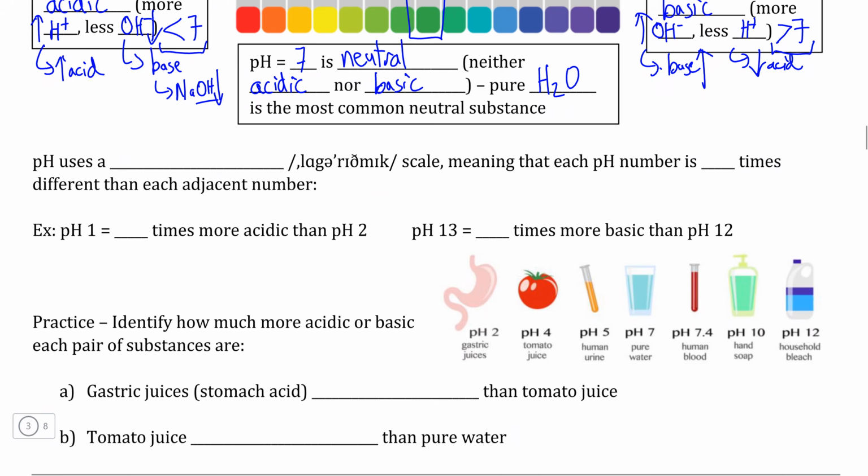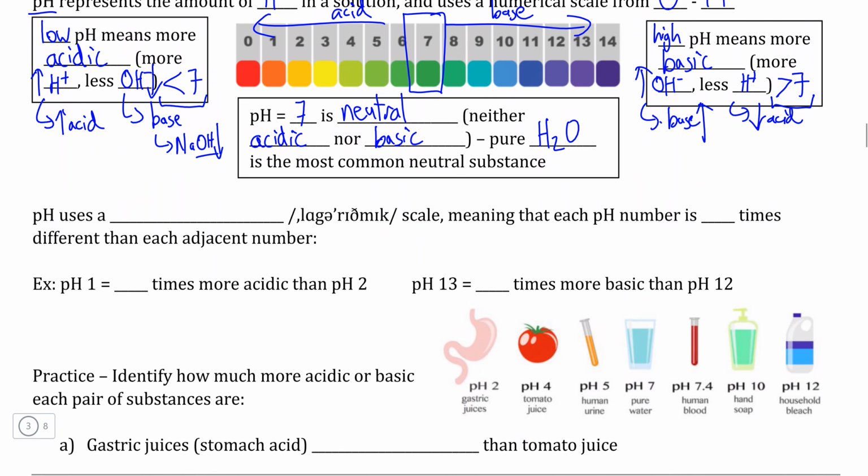Now, the last question that we need to answer is why the pH system actually uses the numbers 0 to 14, and why a low pH represents more acid while high pH represents more base. Now, the reason for this is the pH scale does not work linearly.